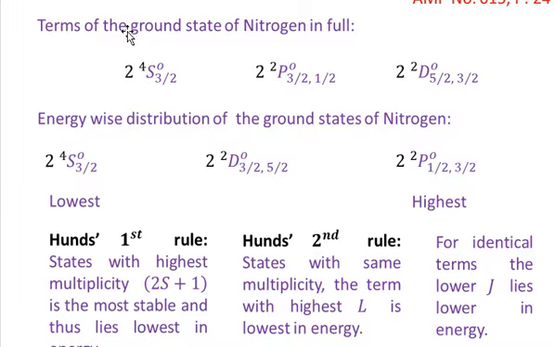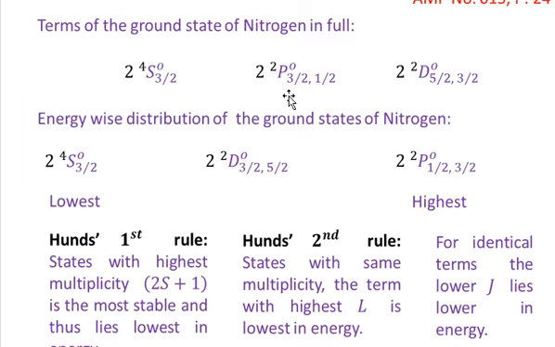The term with maximum multiplicity is the term with lowest energy. Now we have these two terms. They have the same multiplicity, 2 in each case. If the multiplicities are the same, then look at the value of capital L. For the P state, capital L is equal to 1. For the D state, capital L is equal to 2.